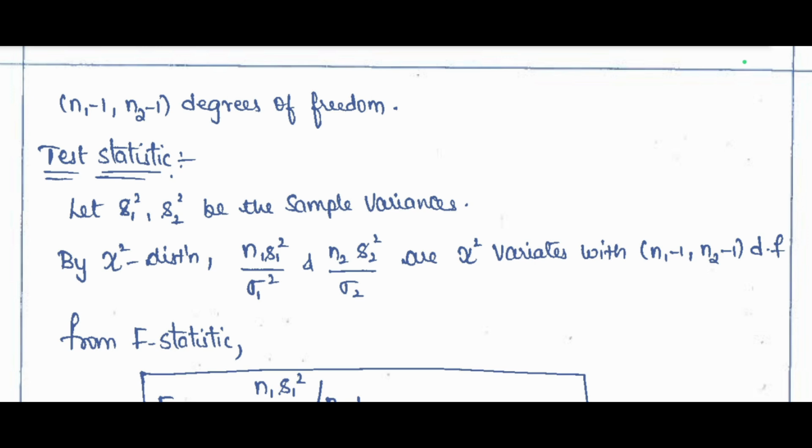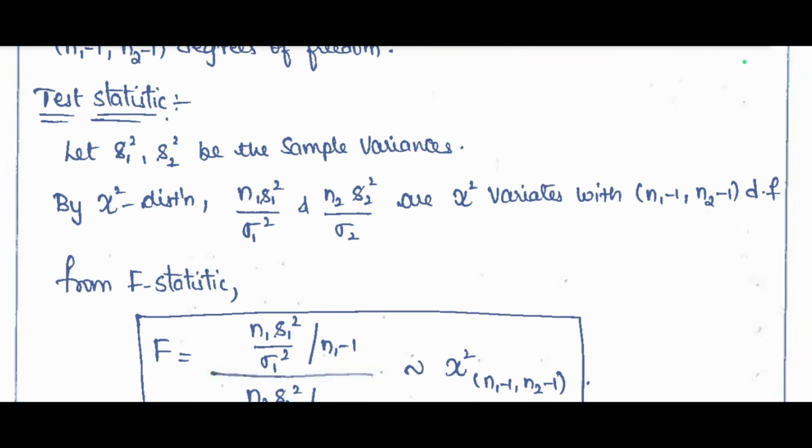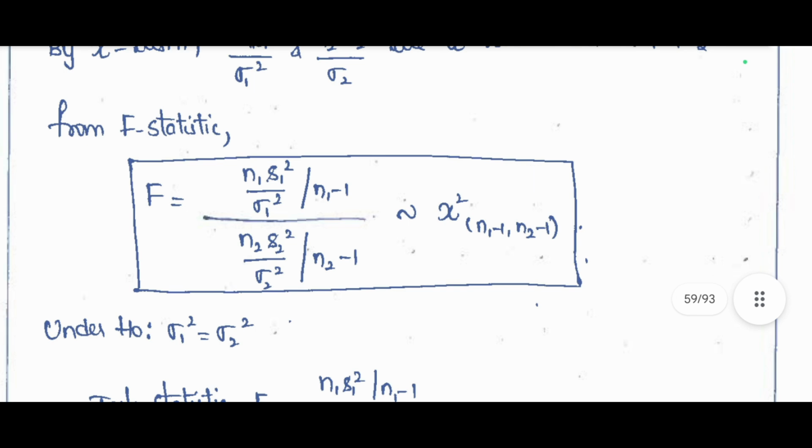Let s1 square and s2 square be the sample variances, so n1 s1 square divided by sigma 1 square and n2 s2 square divided by sigma 2 square are two chi-square random variables with degrees of freedom n1 minus 1 and n2 minus 1. The F statistic is defined as the ratio of these two.